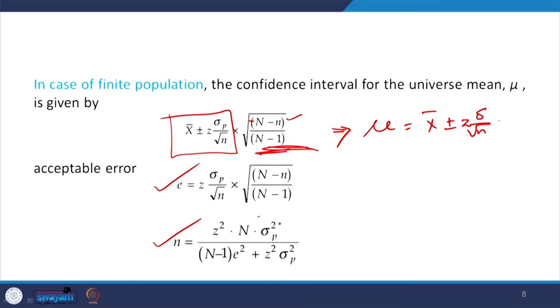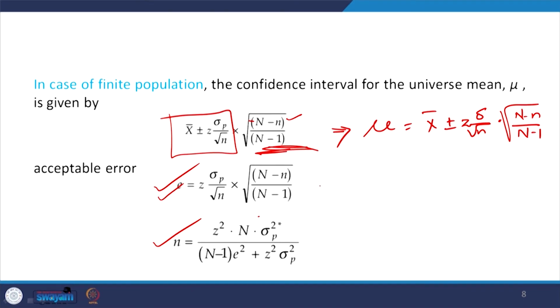Now, we are actually multiplying by the proportion, not probability, the proportion of non inclusion, and that is square root of capital N minus n divided by capital N minus 1. Okay. So this is multiplied, and now our error term, I mean margin error, is explained by this.